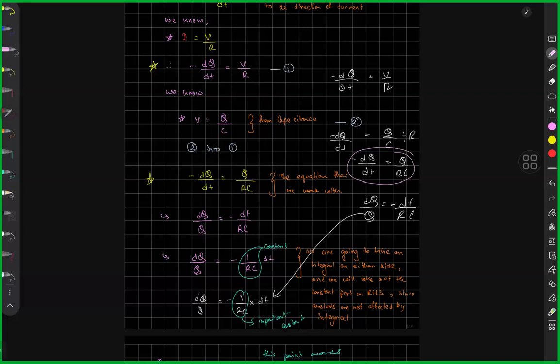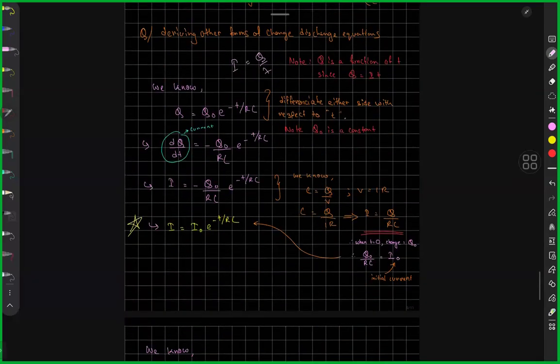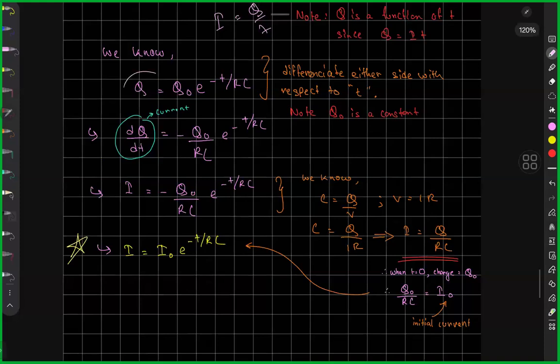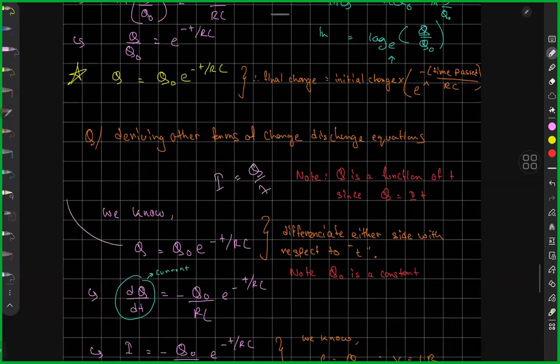Okay, so we did come to a very similar case. Minus dq by dt is equal to q by rc. But what's different in our new case is we took the same equation that we found in the last step over here. We took the same equation and substituted the expression of q. What did we do?